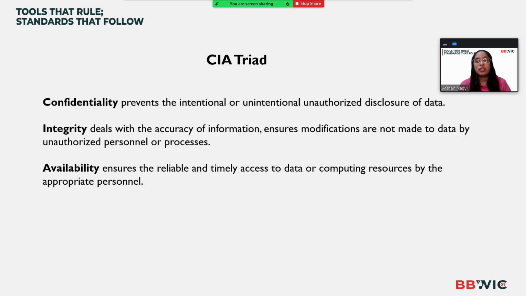Availability ensures the reliable and timely access to data or computing resources by the appropriate personnel. Okay, so this is all about the CIA triad, and this is a very important topic in cybersecurity as well.